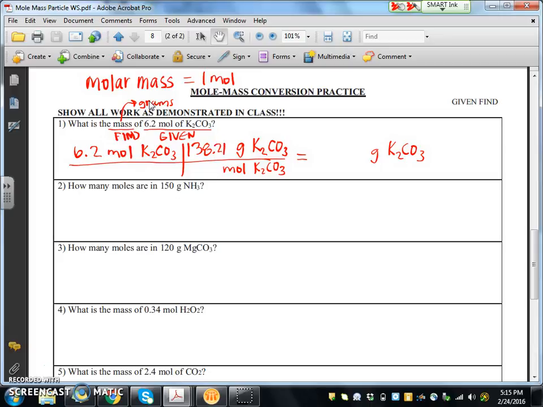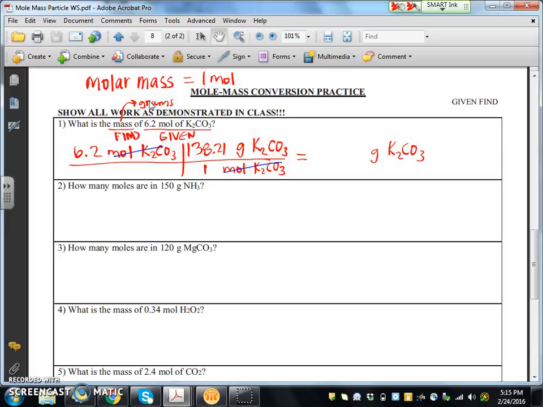If you did not get this answer, you might need to review and check that you had 2 atoms of potassium, 1 atom of carbon, and 3 atoms of oxygen. And we know that our molar mass is always equal to 1 mole. I can check my units and say moles of potassium carbonate cancel out with moles of potassium carbonate. All I have left is grams, which is what I wanted.